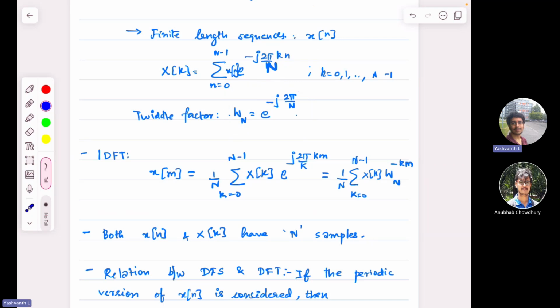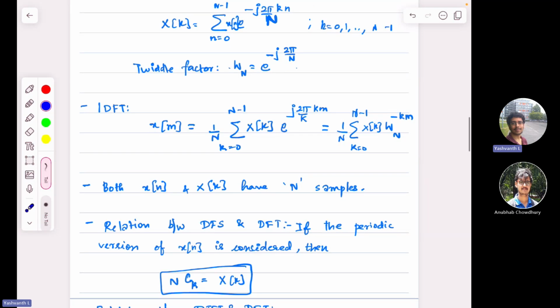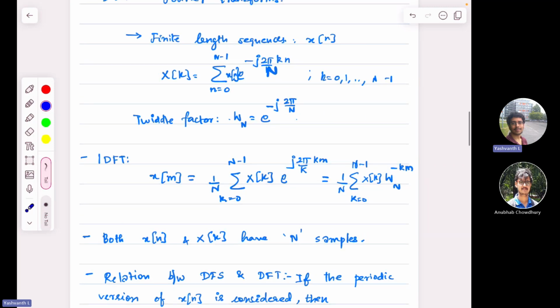Once we have taken the Fourier transform to define a signal x of n in its frequency domain, a natural question would be: given the Fourier transform, how do we recover back my time domain signal x of n? The answer lies in the inverse discrete Fourier transform, where the expression is very similar to that of the Fourier transform, except that now instead of x of n, you have X of k, and the summation is over all the frequency domain variables small k.